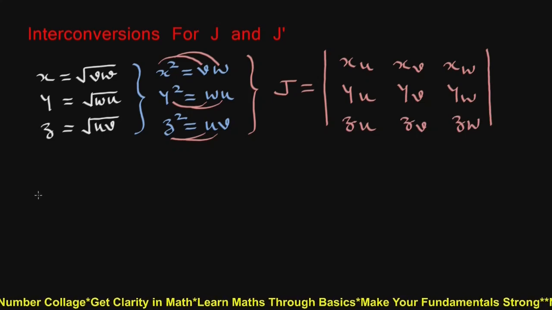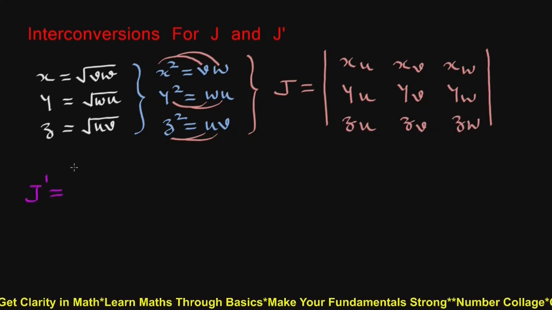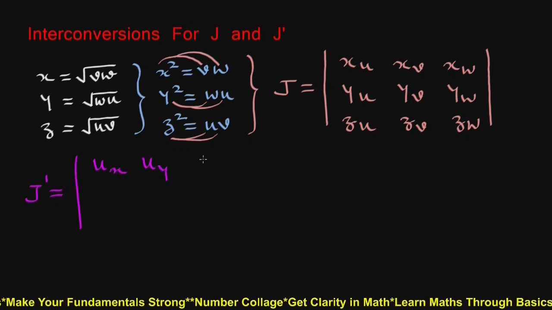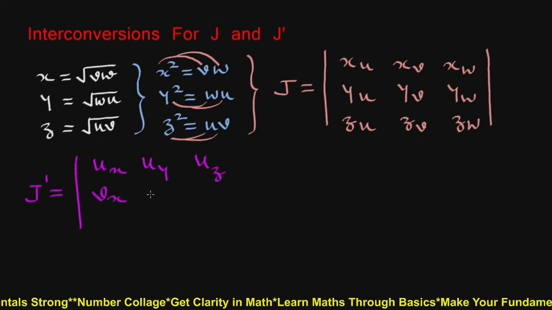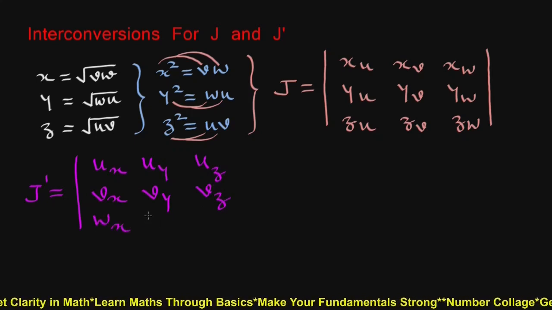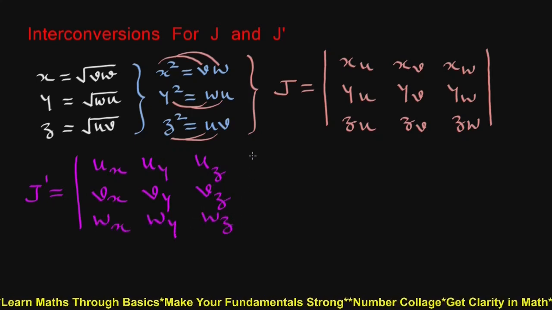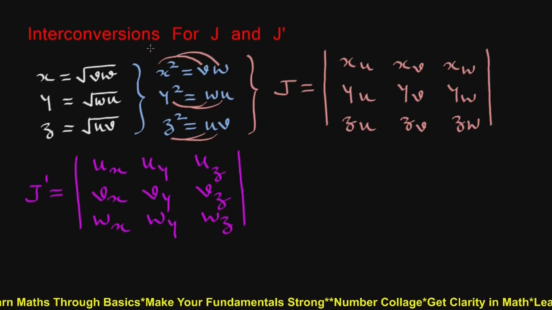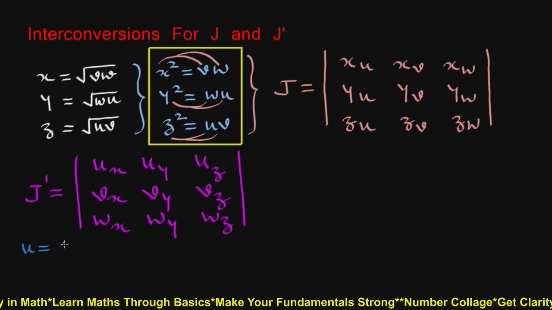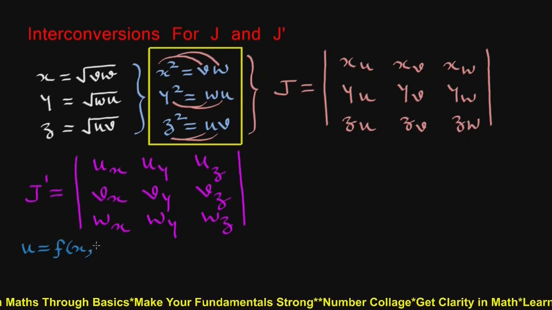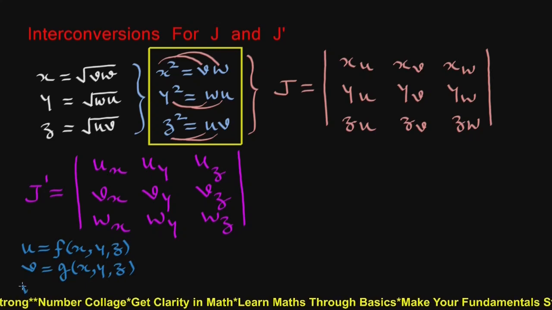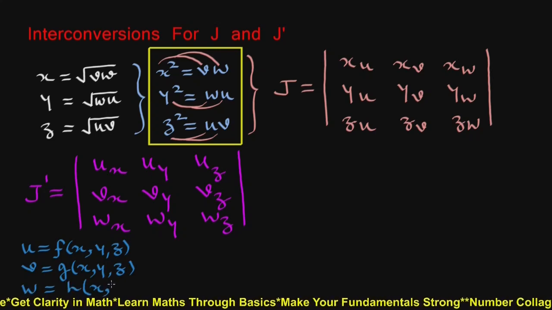In order to find j dash, which will be determinant ux, uy, uz, vx, vy, vz, wx, wy, wz, we have to convert these functions in terms of u as a function of xyz, v as a function of xyz, and w as a function of xyz.